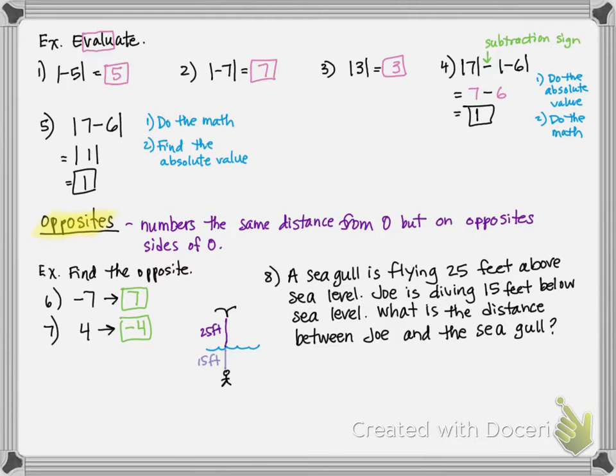So we've got seagull, would be a positive 25 feet. And then we've got Joe, and below would be interpreted as a negative 15 feet.